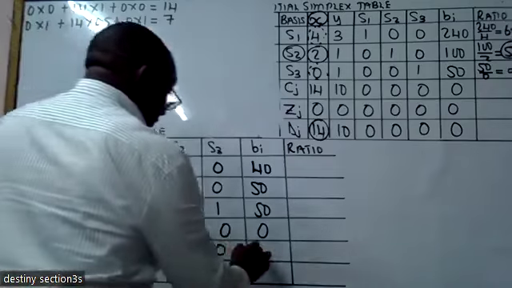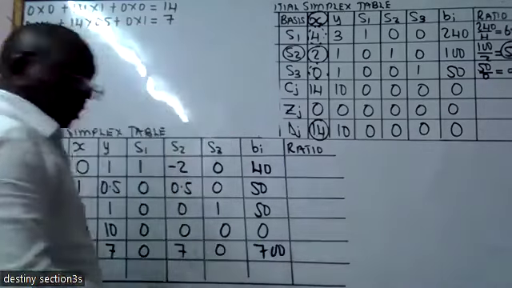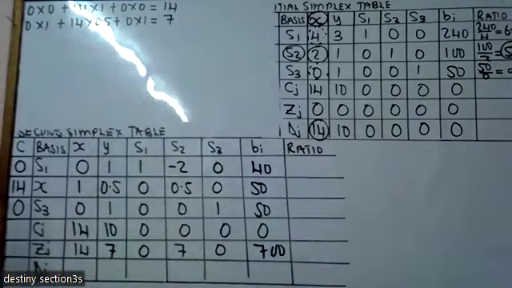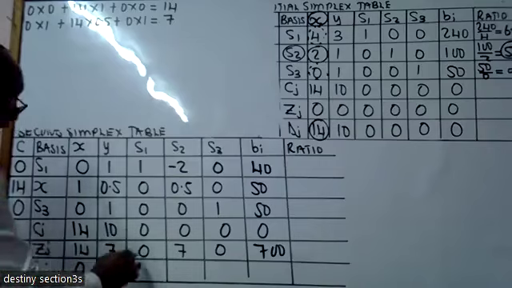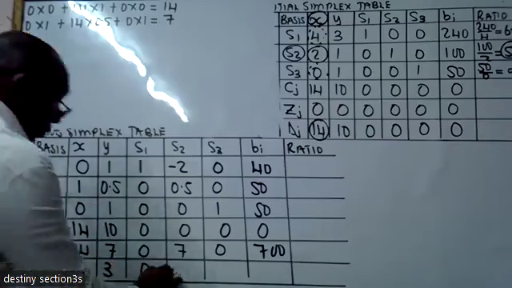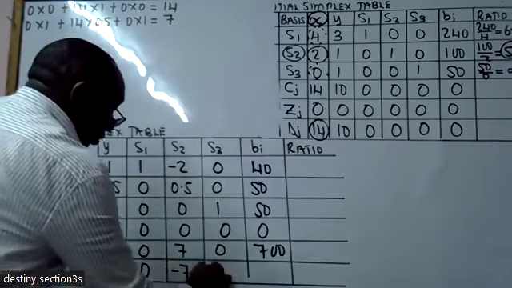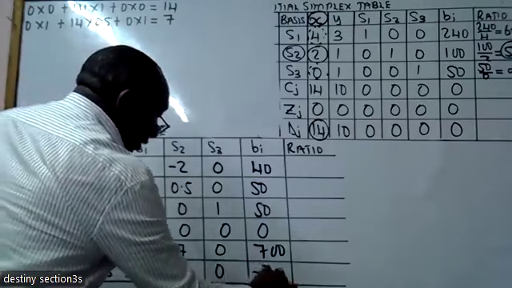Good. So now, tulisema DJ is equals to CJ minus ZJ. So 14 minus 14 is 0. 10 minus 7 is 3. Then huyu mwingine ni 0. Huyu ni negative 7. Huyu ni 0. Na huyu ni negative 700.